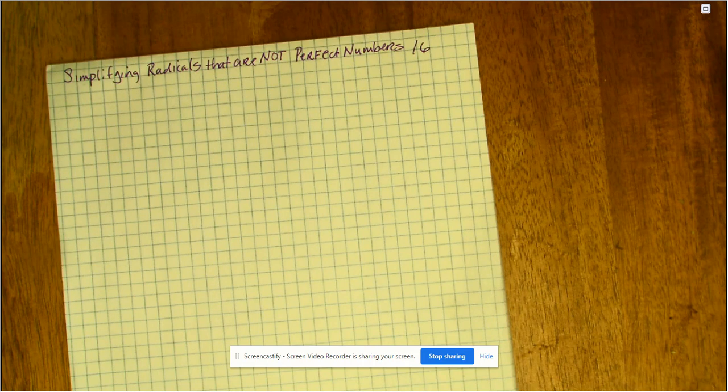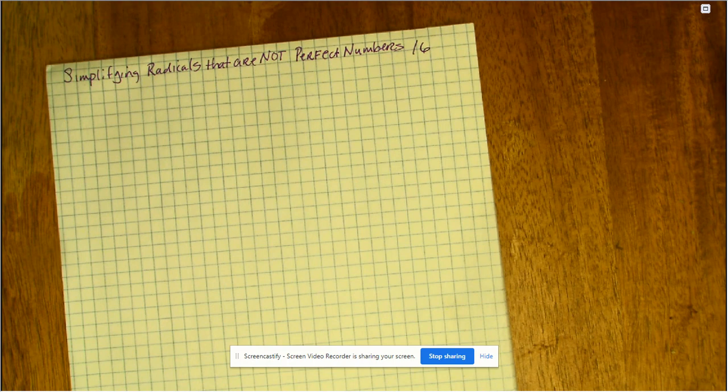Cube numbers are in similar fashion, except that they're a three-dimensional shape, so they would have two sides and a height. And if it's a cube, they're all squares. And so if we had 6 times 6 times 6, that would give us our answer. So say if we had a cube that was an area of 125, we would know that the sides and the height are all 5 because they have to be the same.